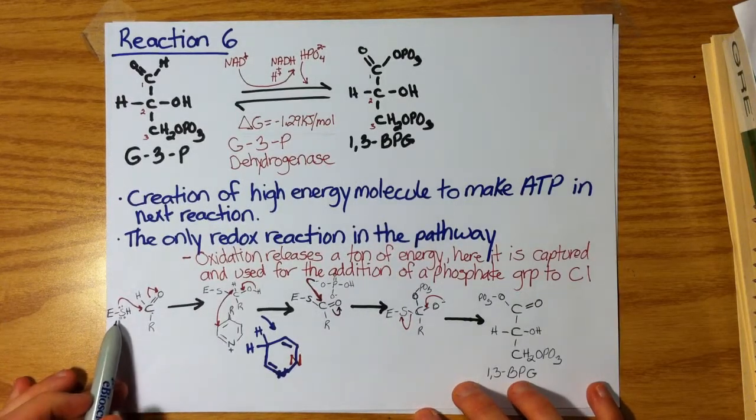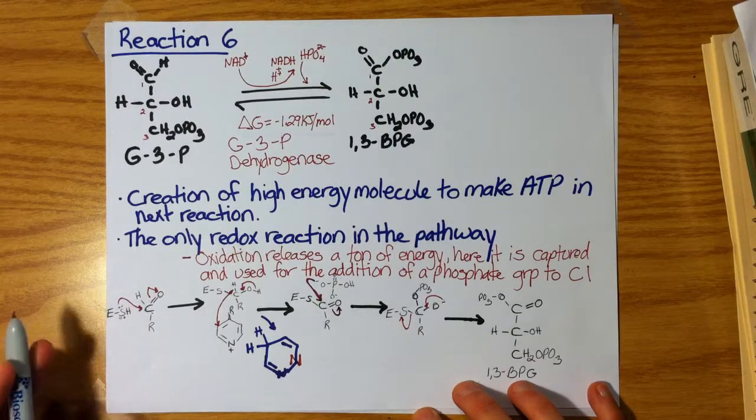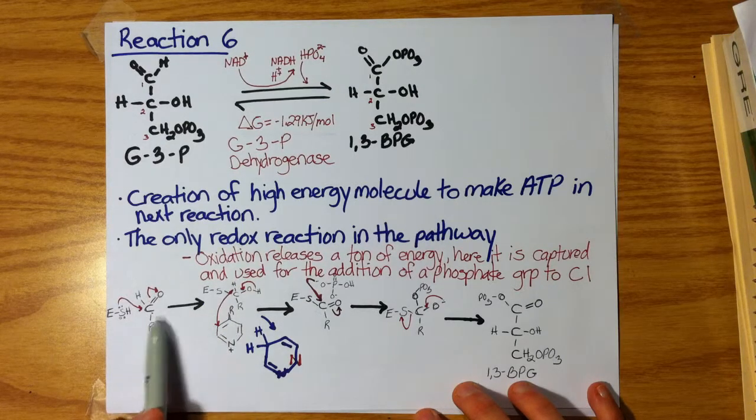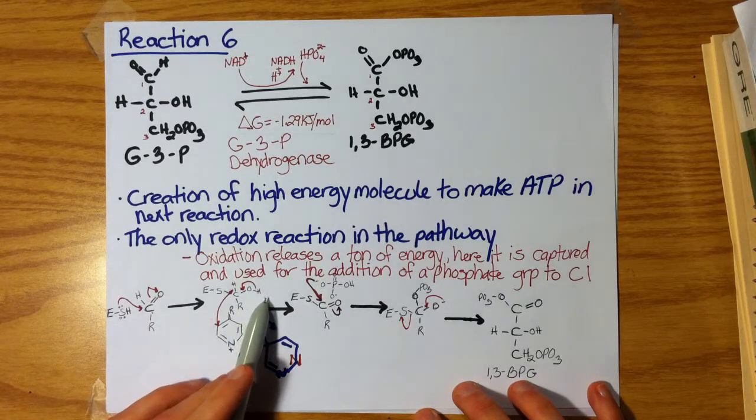It is an attack by the thiol group off of the cysteine from the enzyme, attacking the carbonyl carbon, pushing electrons up onto the oxygen. This is our formation of our aldehyde to our acid, and a general base, probably hydroxide or something similar, picks off this hydrogen.